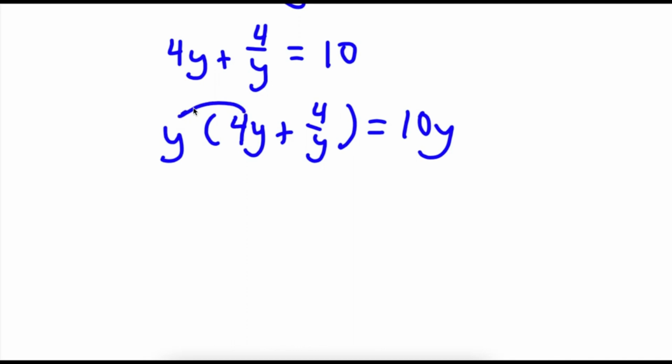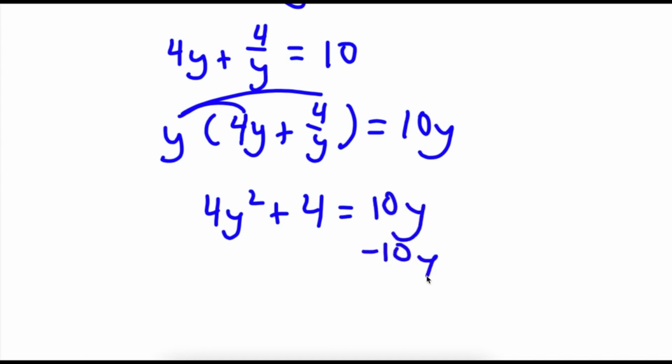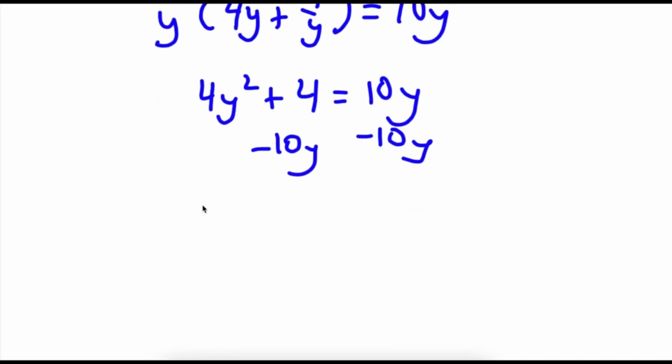Now, if I distribute the y here, y times 4y is equal to 4y squared, plus now y times 4 over y is simply just 4, is equal to now 10y. Now I can subtract 10y on both sides. So now I get 4y squared minus 10y plus 4 is equal to 0.